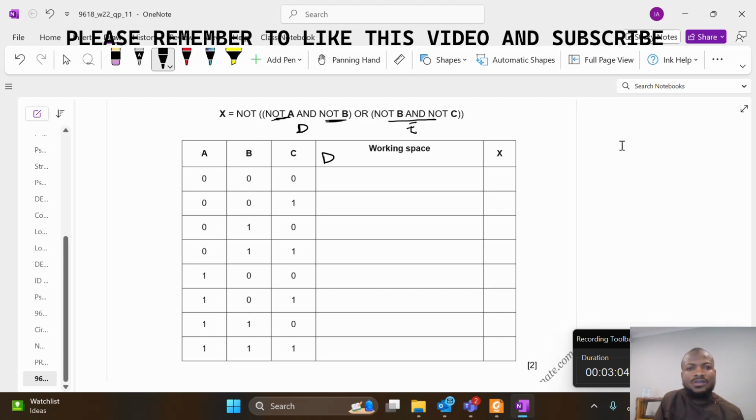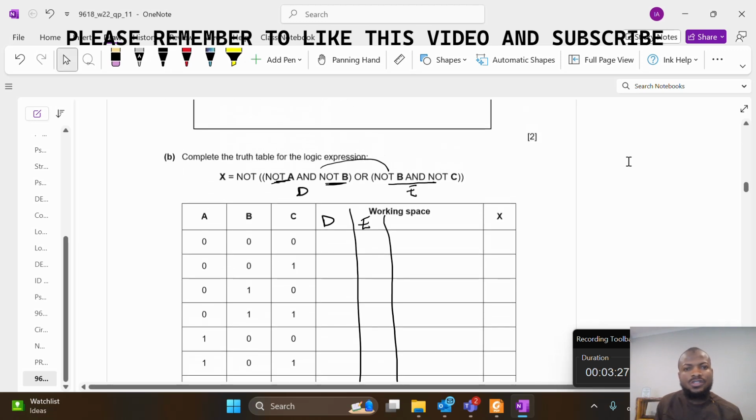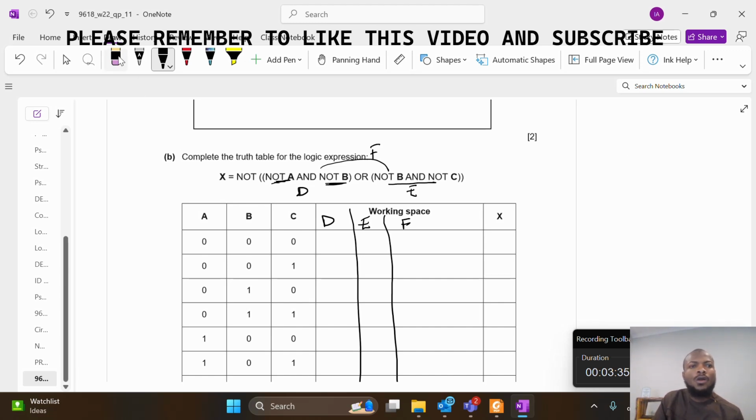So I have D, then E. Then the whole OR, this D or E, let's call the output F. Then the final output will be NOT F. I hope this is understood.